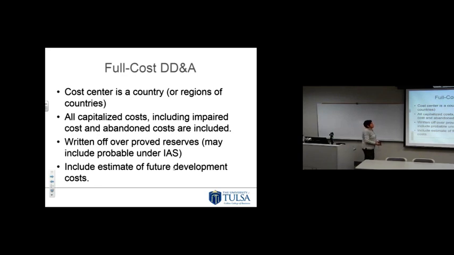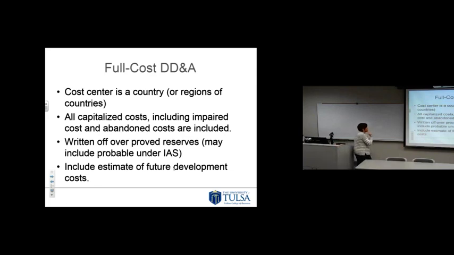Now, since we're writing off over proved or proved and probable internationally, we've got to include an estimate of future development costs. So what does that mean? We've got fields in the country, possibly, that are not fully developed. So if we have fields with PUDs, proved undeveloped reserves, right?